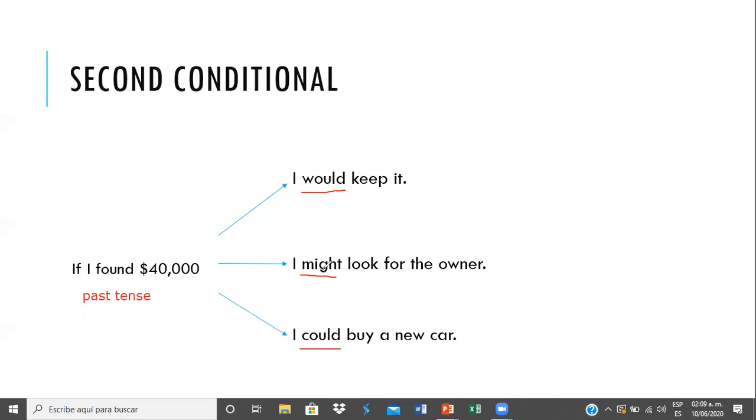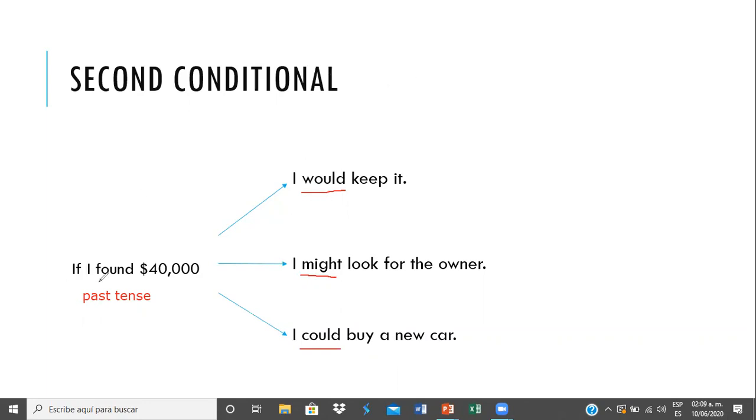This is like a 50-50 chance of probability. I might look for the owner, but I might not. That depends on the values of the person. Or, if you want to express what you can do with that money, you can use could. If I found $40,000, I could buy a new car.